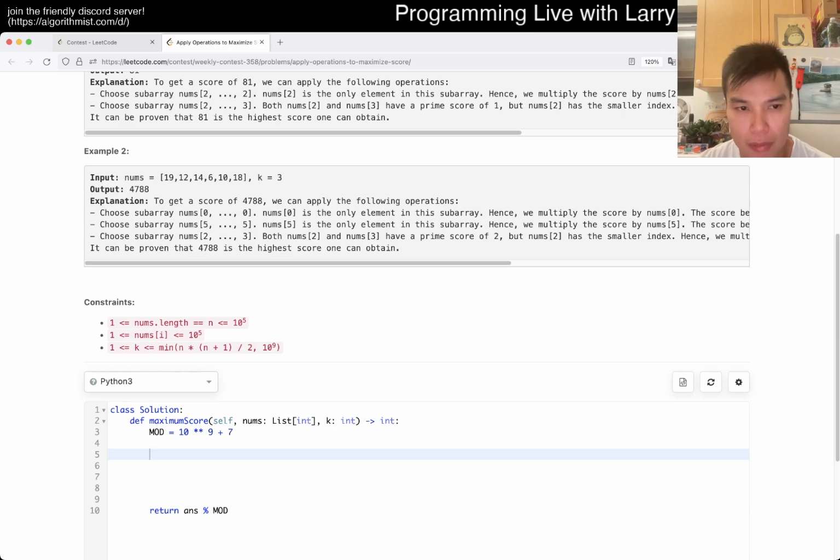Do I have time to? What's 10 to the 5th square root of that? 316 times. Yeah, I guess that's too slow. We have to do it Sieve.